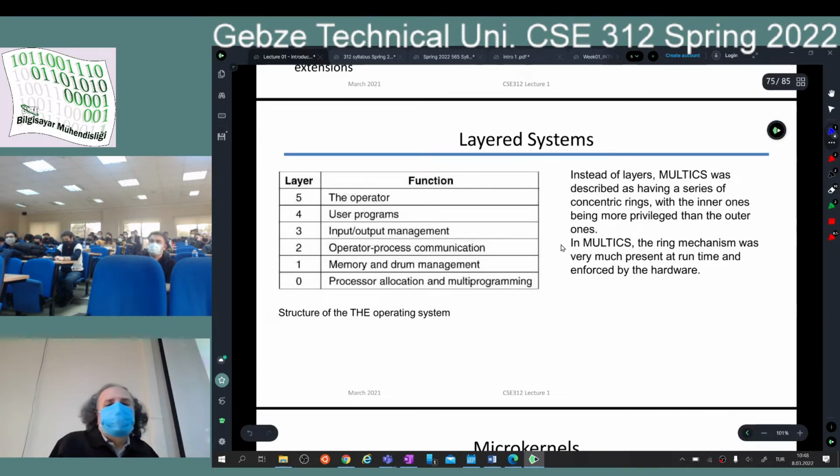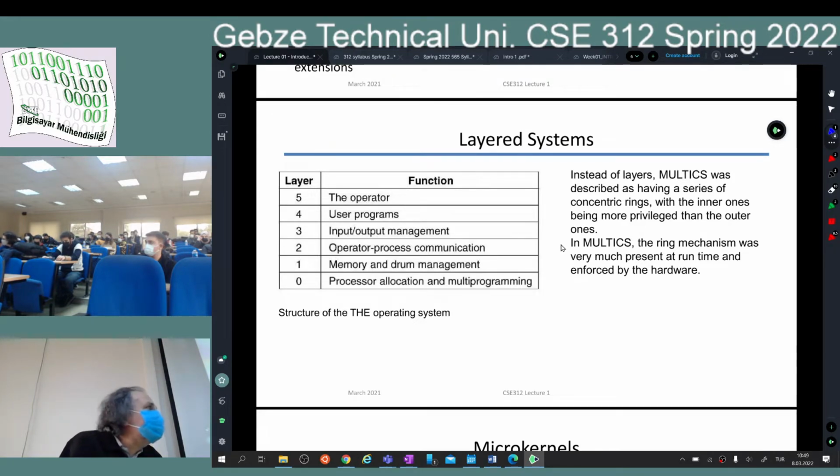Of course, this is much better in terms of security and system robustness, but what is the downside of each layer making a system call to the layer below? Yes? Performance. Efficiency, performance, exactly. Remember what we said about system calls? System calls are nice, but they are inefficient because you are switching context.